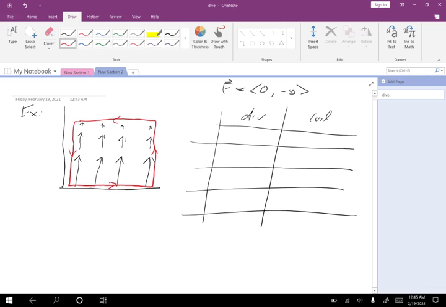Again, I'm doing positively oriented, so it should be counterclockwise. So I might again also draw the outward unit normal. And so now we have enough information to compute the line integral of these curves.